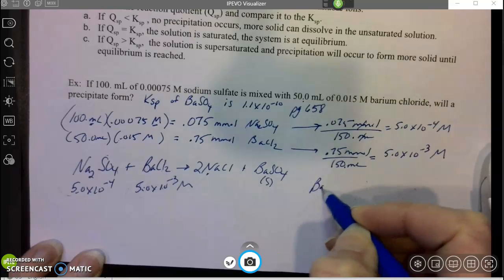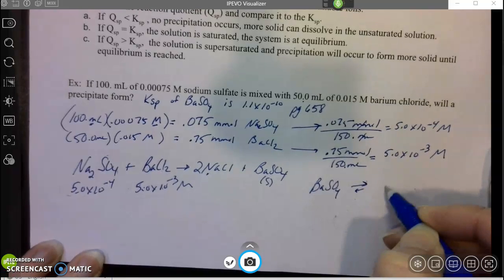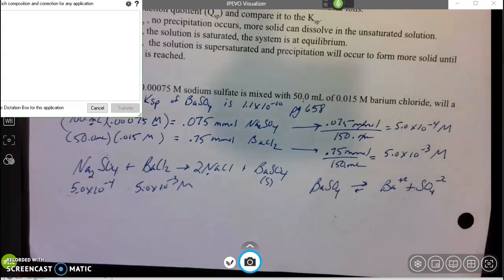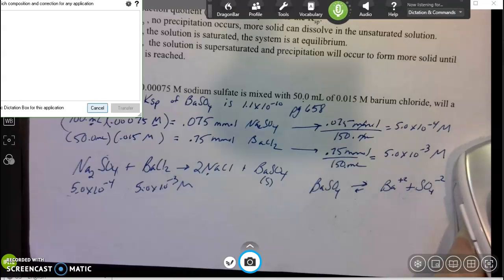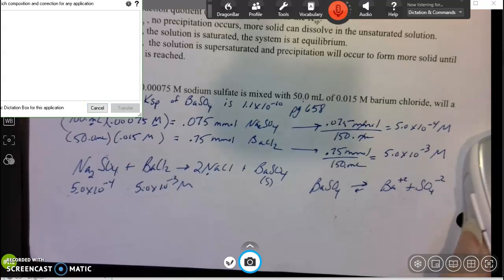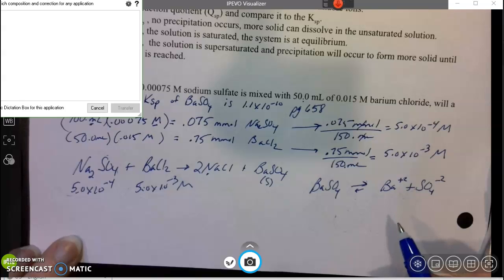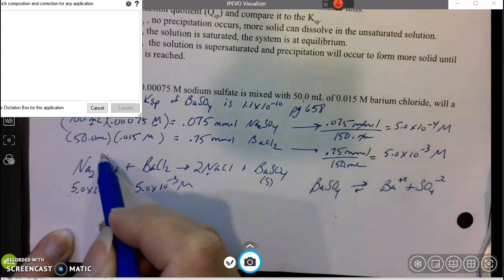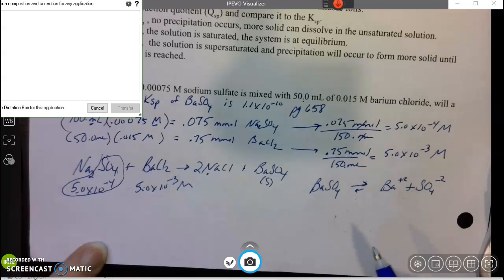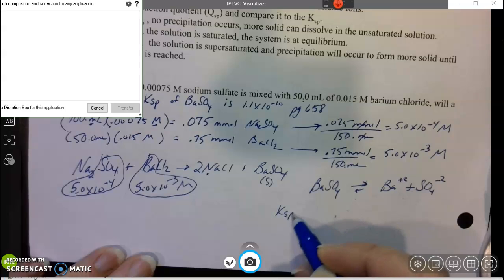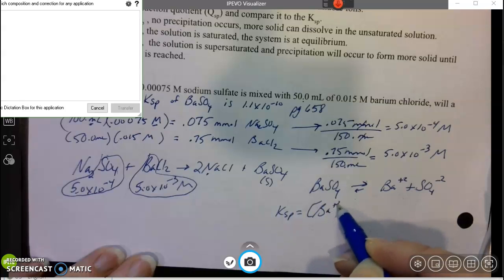So if I write the KSP expression for barium sulfate, it's going to ionize or dissociate into those ions. And then for sulfate, this is going to be my concentration, and for barium, this is going to be my concentration. So I'm going to write my KSP expression.